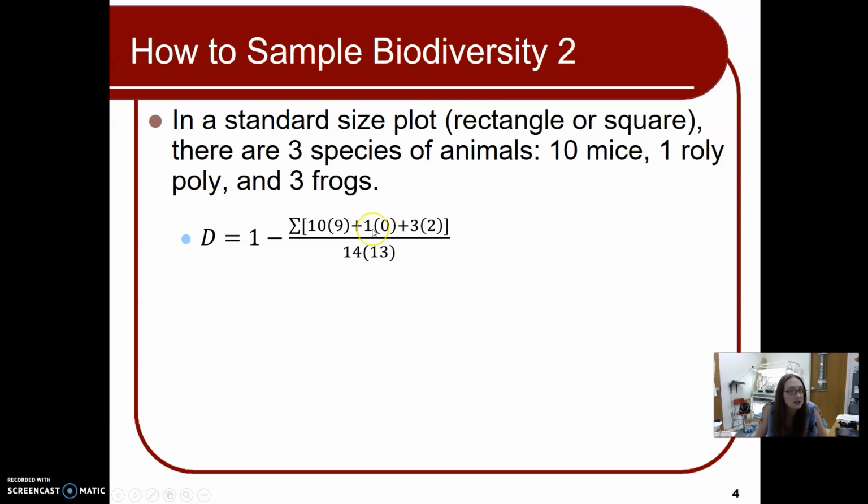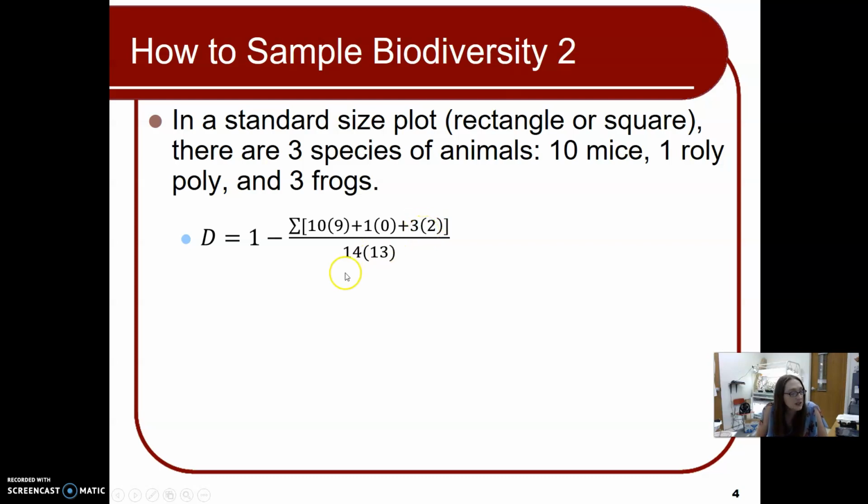So you'd multiply those together. The last species that we have are frogs. We had 3 frogs, so that would be our n for frogs. And then little n minus 1 for frogs would be 2. 3 minus 1 is 2. And then we're going to multiply those.